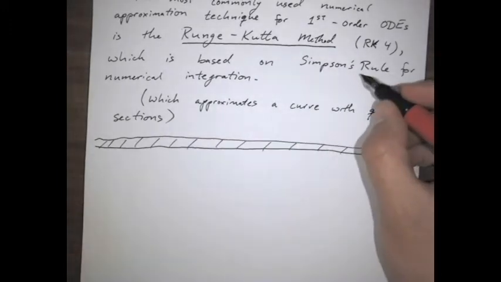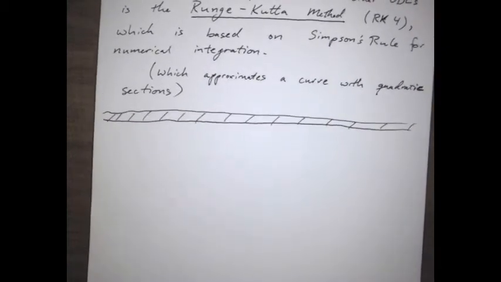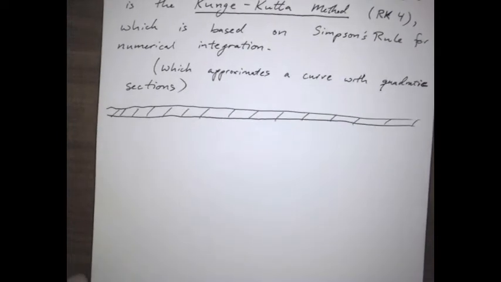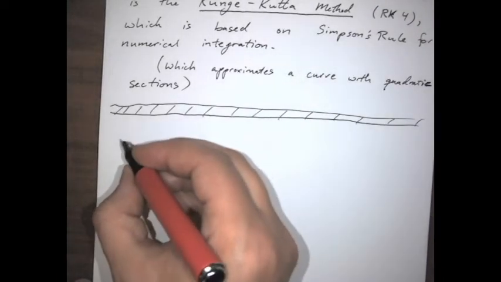Actually, technically, Simpson's rule goes back even further than Simpson. It was first used by Kepler in some of his calculations that he did when he was first discovering his famous laws of planetary motion. But that's a matter for another day.